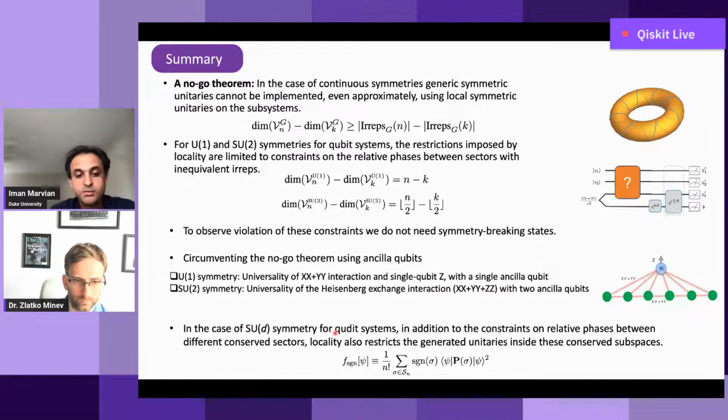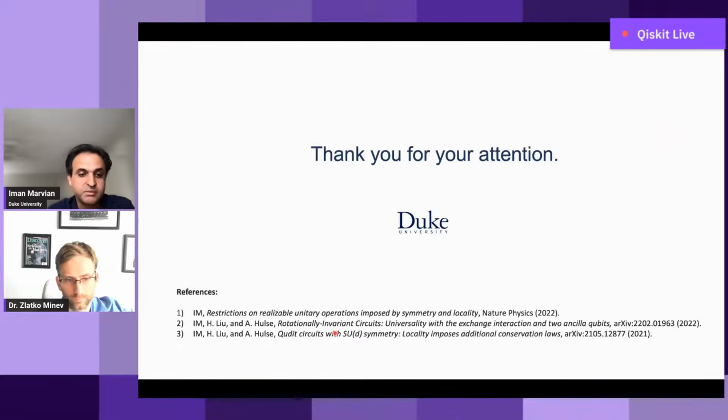In the case of SU(d) symmetry, we see that there are additional conserved quantities, even for states restricted to a subspace with a single irreducible representation of the symmetry. You will see these new conservation laws that restrict the time evolution of the system. Let me stop here and be happy to answer any questions.